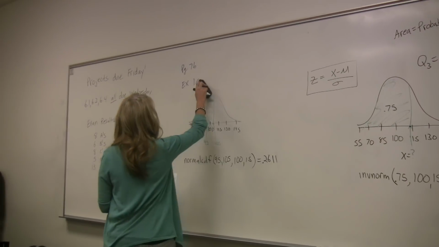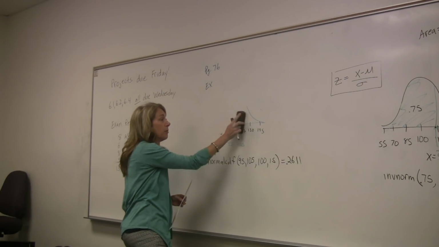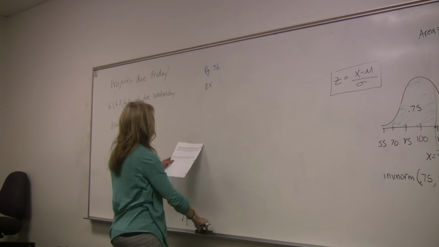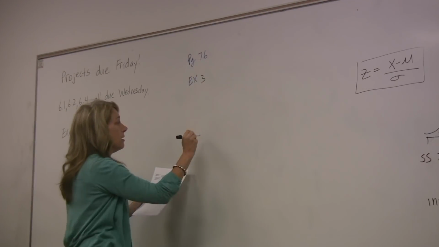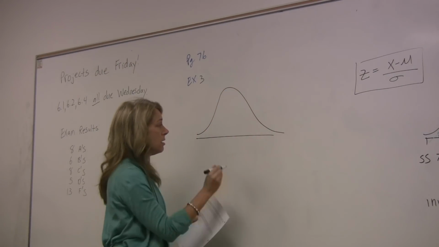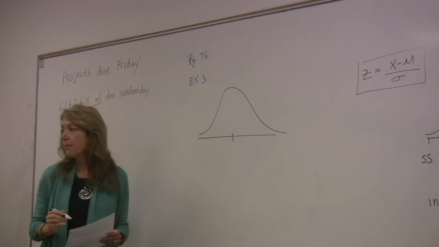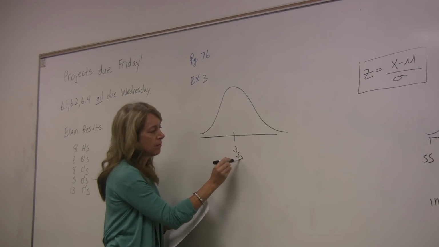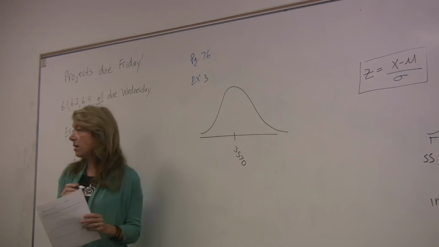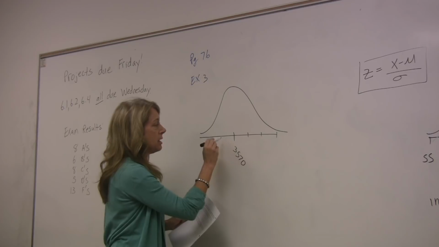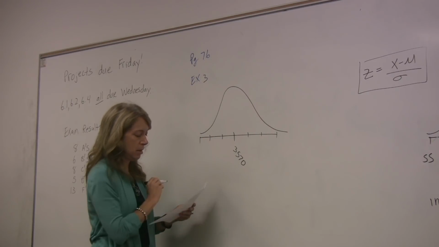Draw a picture. I like it. You guys draw the picture first, then we'll worry about what they're asking next. So we're talking about babies' weights. What goes in the middle? 3,570. The mean always goes in the middle. And then we're adding and subtracting 500 grams.